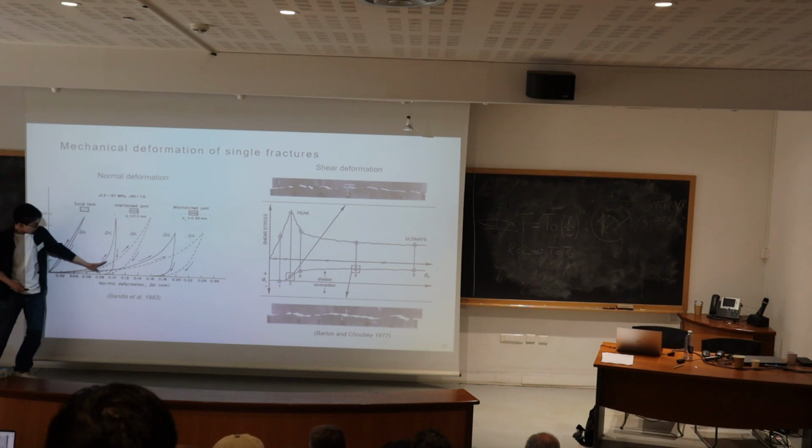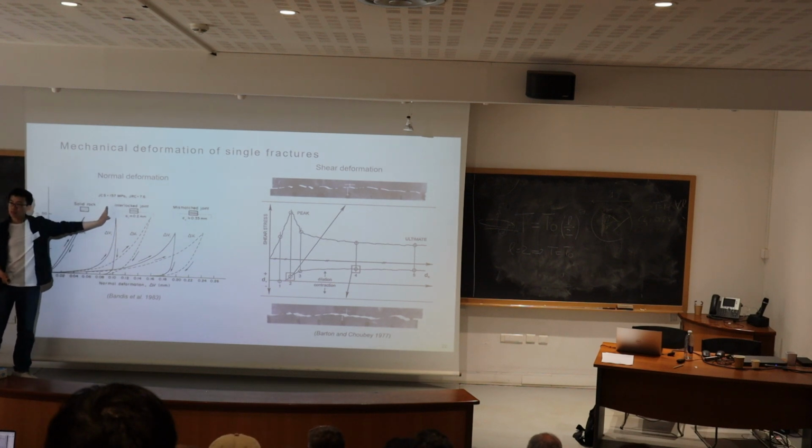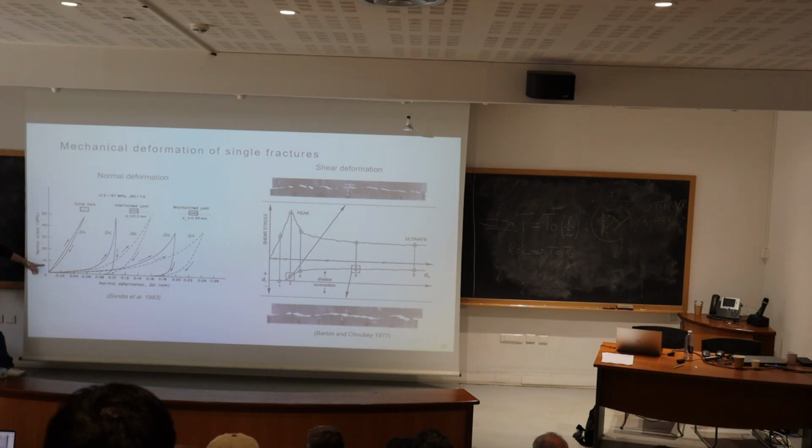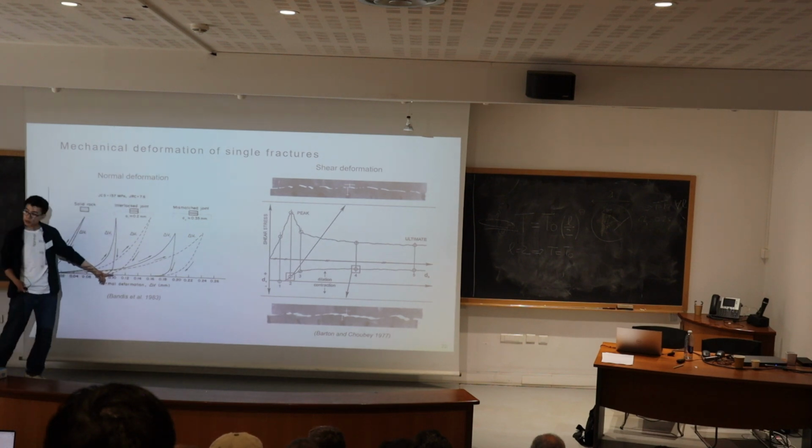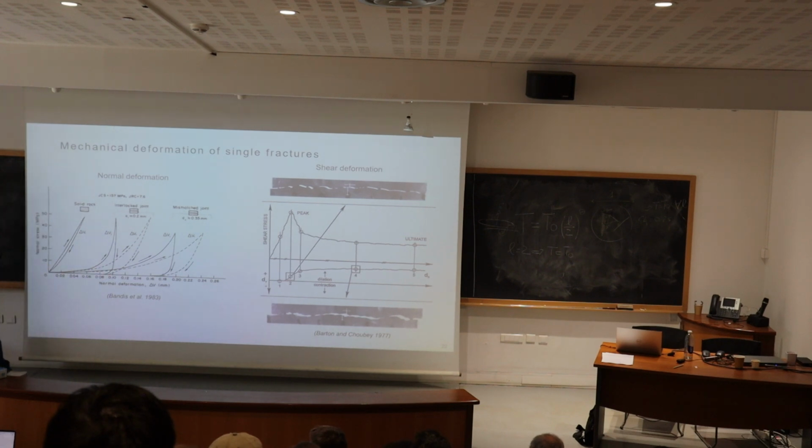We see it curves up, which indicates that the more we compress the fracture, the more difficult it is to close. This is because when we close it more, the asperities match and get in touch with each other more, they have more contact area, and this increases the fracture stiffness.